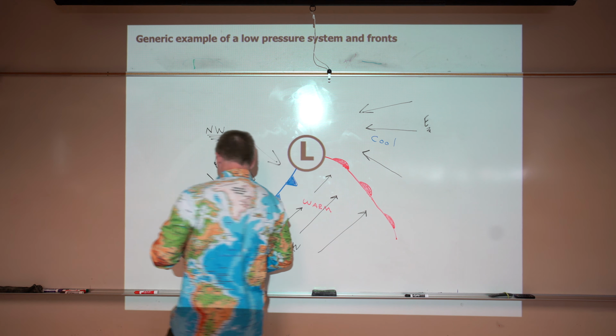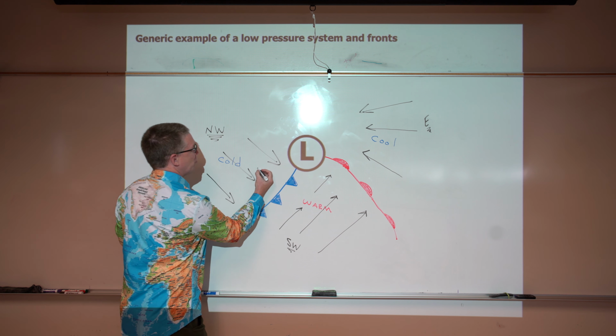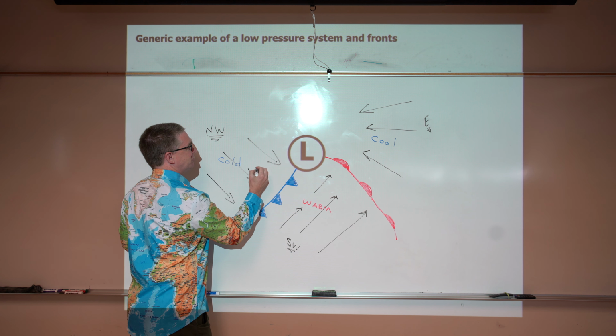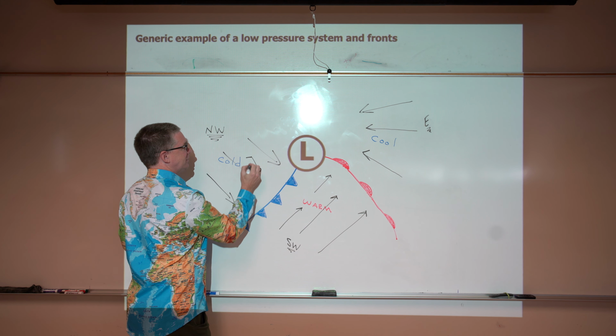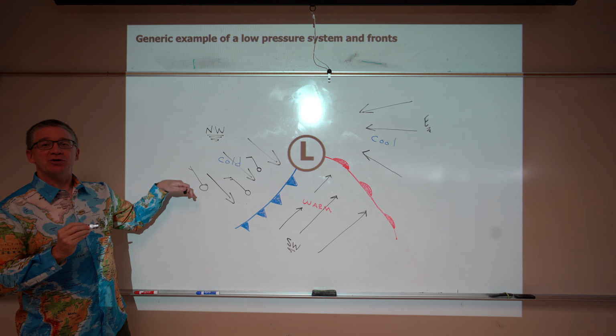So if we were to think about some weather symbols, here would be showing overall that kind of wind coming from the northwest.